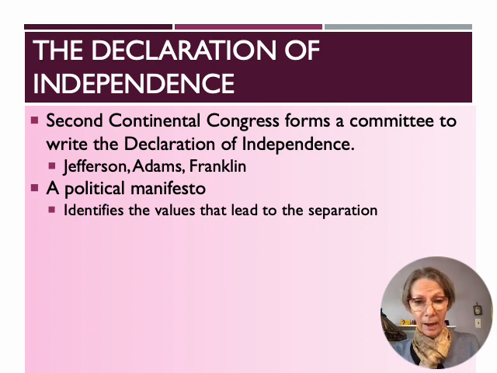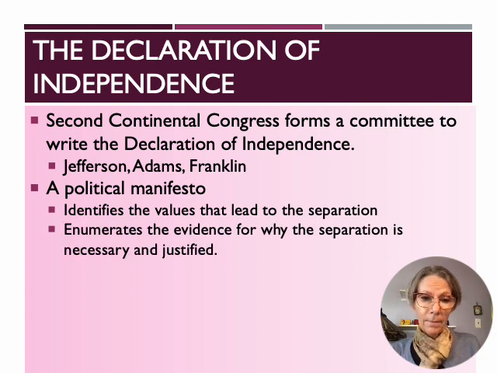These values are being violated, and that we are not going to put up with the violation of these very important values. And so it identifies the values that lead to the separation, that lead to the colonies leaving the monarchy. And then it provides evidence for why the separation is necessary and justified, right?